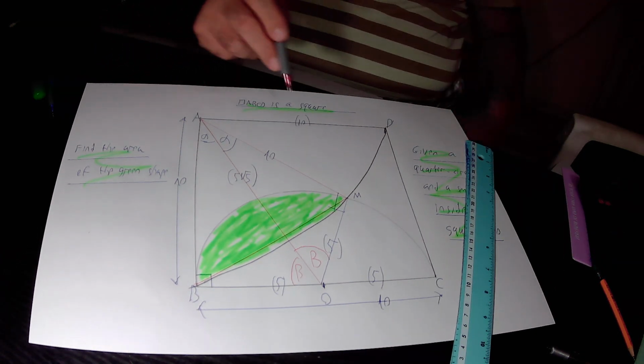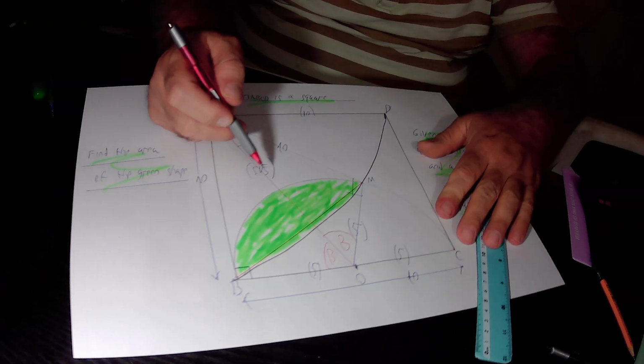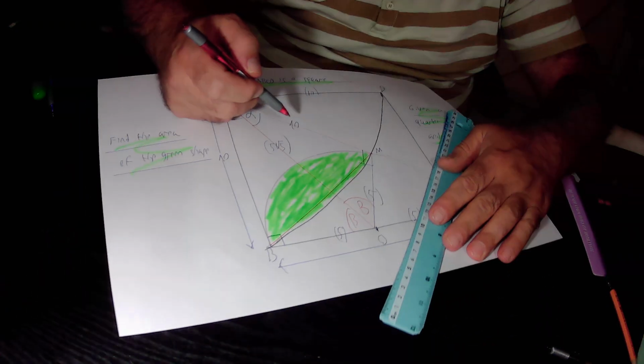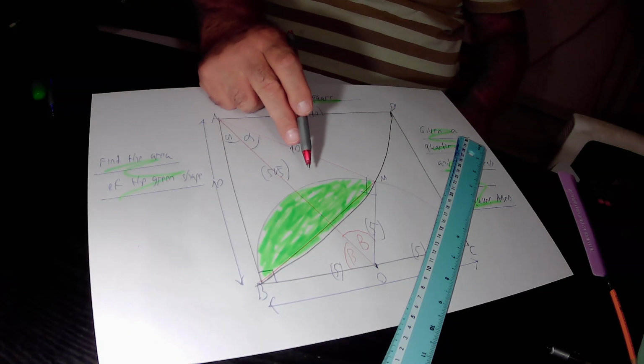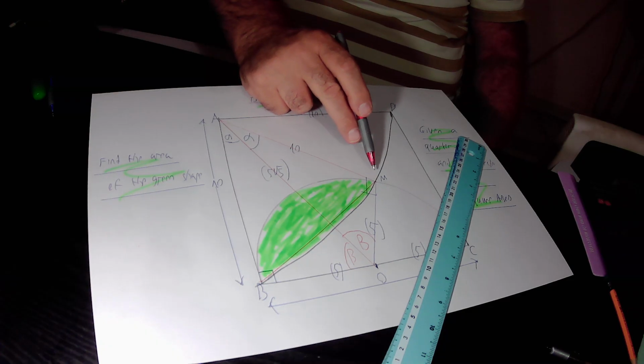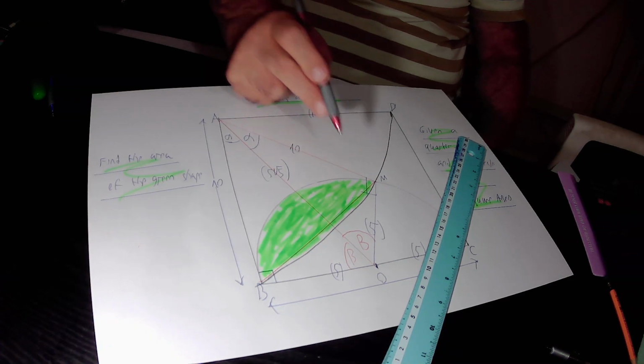By joining points M and B, we divide the green shape into 2 segments. We have the upper segment and the lower segment.